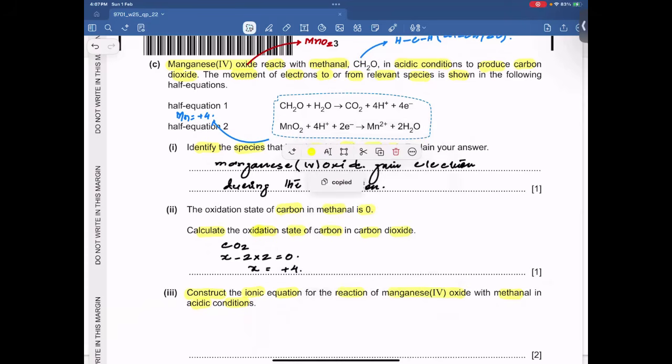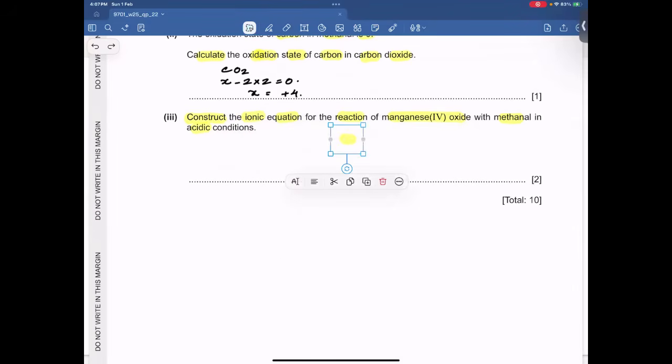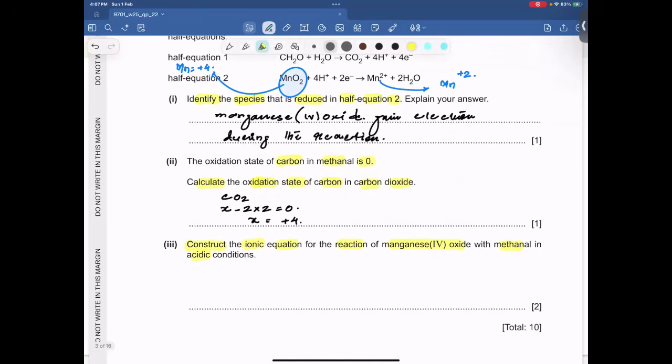This is CH2O plus H2O. This is CO2 plus 4 hydrogen ion plus 4 electron.